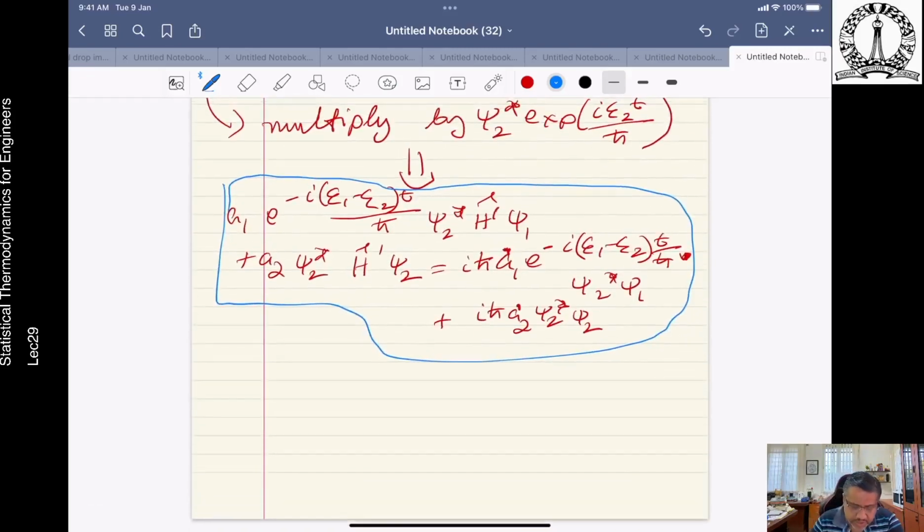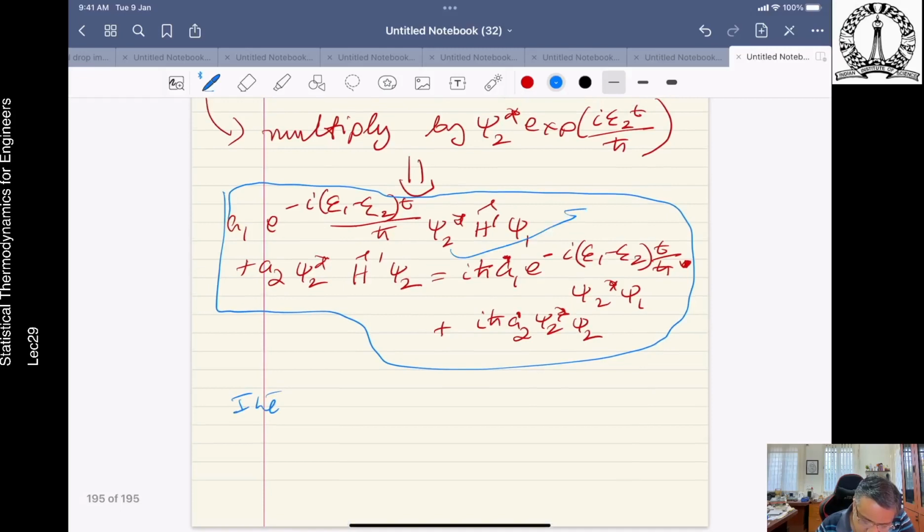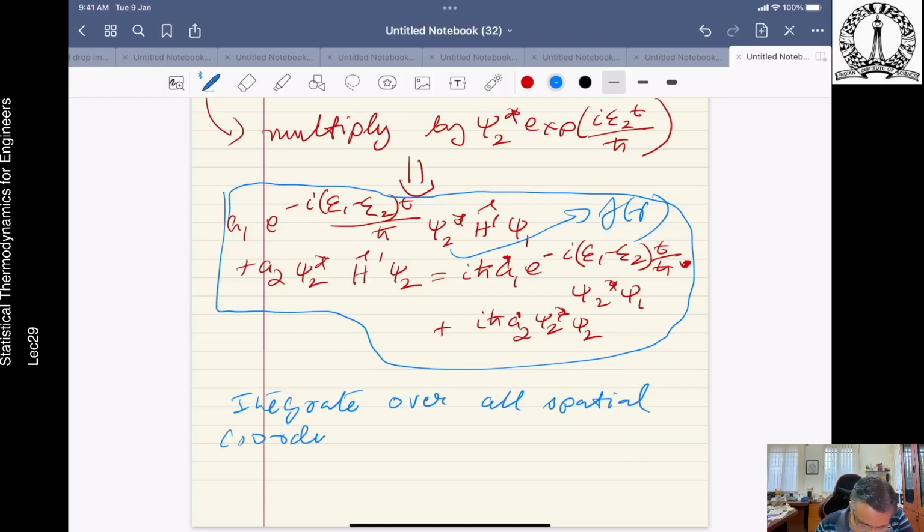So this is what you get. Now you integrate over all spatial coordinates, remembering that the wave functions are orthonormal.